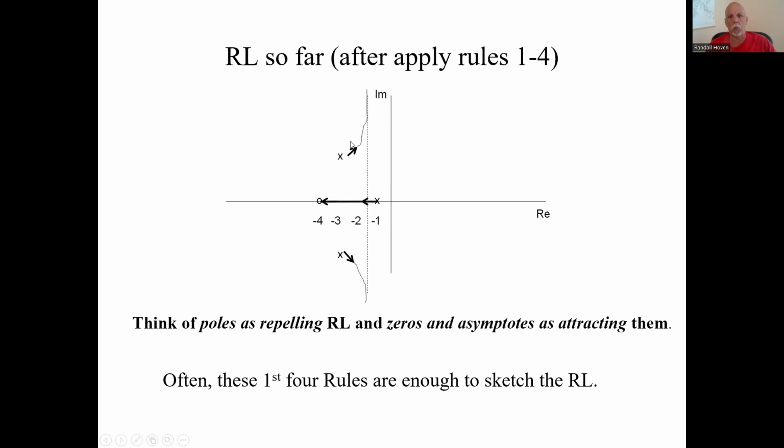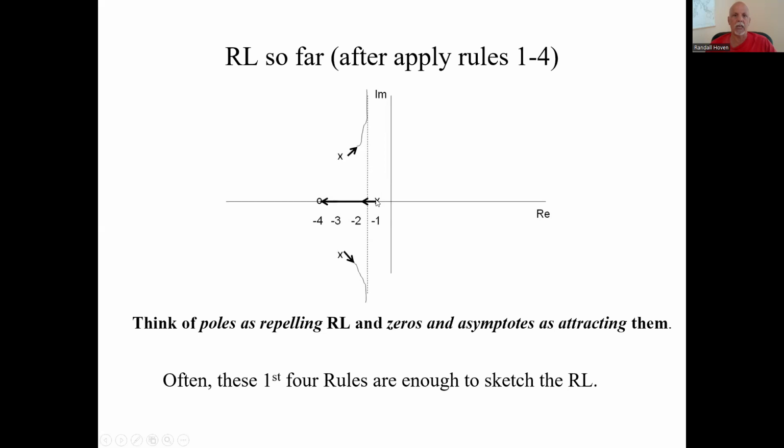So here's where we stand after applying rules 1 through 4. Branches are going to come out of these X's. This one starts out straight left, and it's going to end up straight into this zero. These start kind of up and kind of down, and they ultimately approach asymptotes.